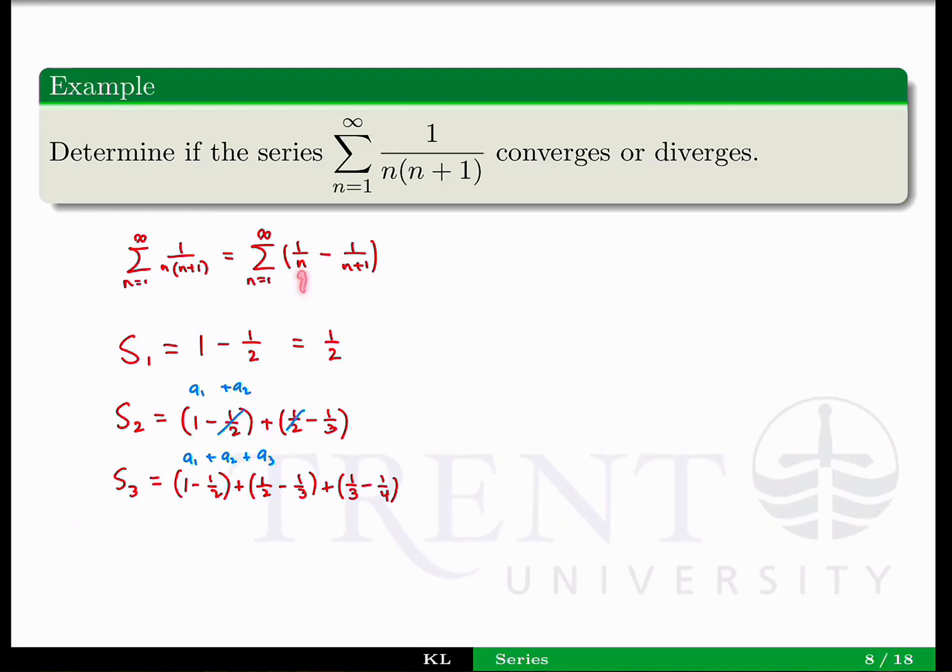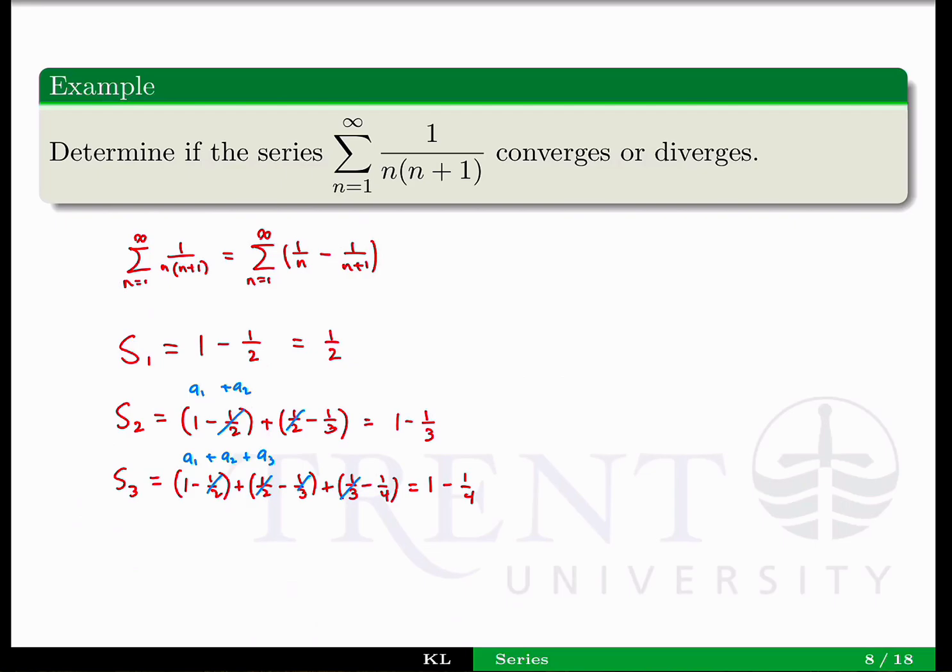So this is 1 third minus 1 over 3 plus 1, which is 1 fourth. And you will observe again that this 1 minus 1 half will cancel this 1 half. This minus 1 third will cancel this plus 1 third. So essentially, if we simplify this, this is 1 minus 1 third. This is 1 minus 1 fourth.